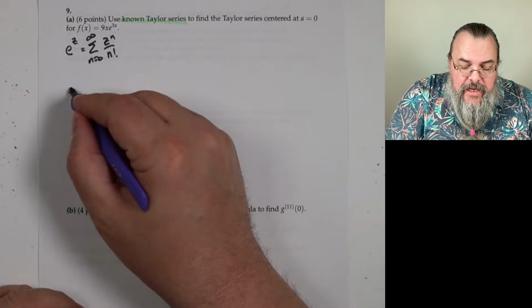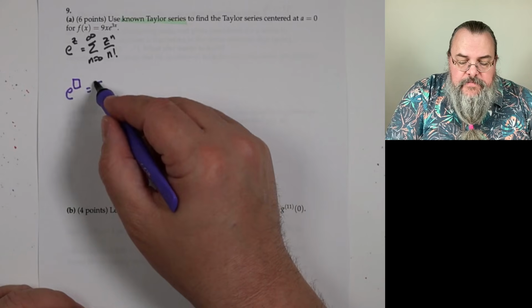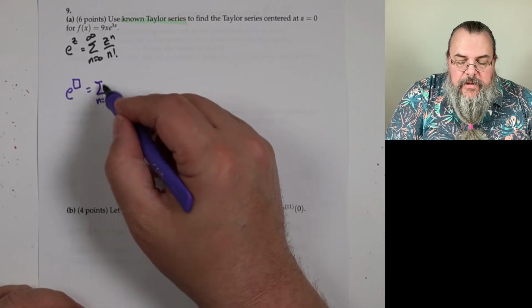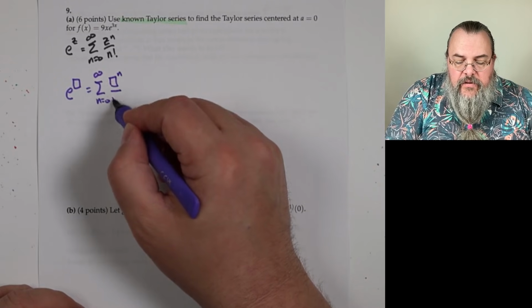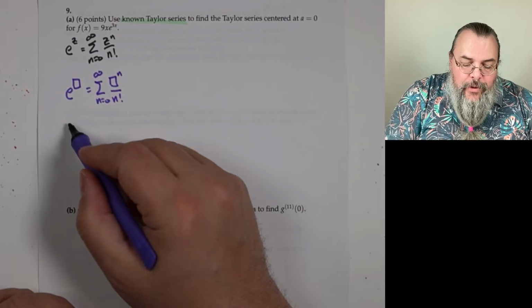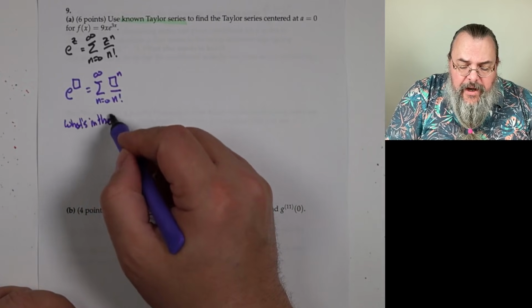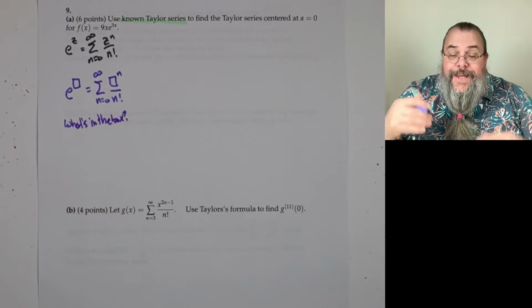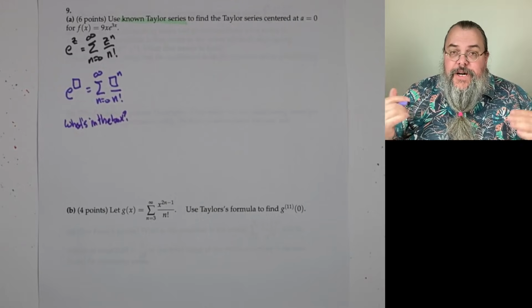So I have e to the box. That's going to be the sum, n equals 0 to infinity, box to the n over n factorial. And now the question, what's in the box? If we can figure out what's in the box, then we can make this work.